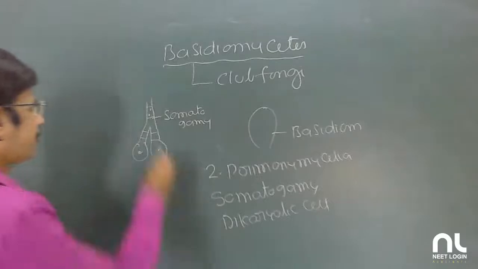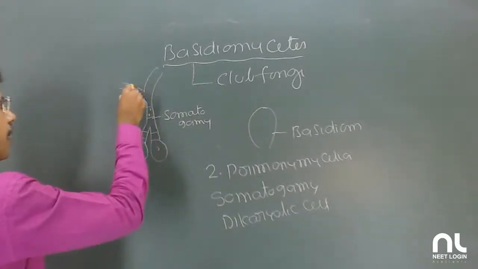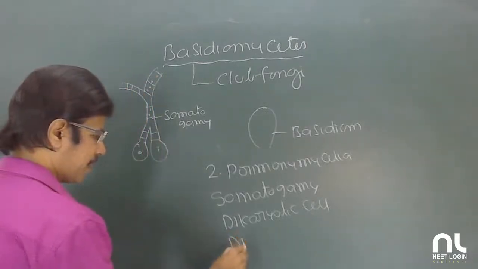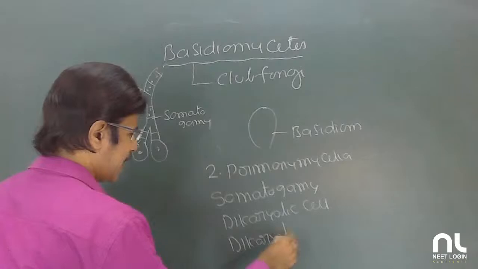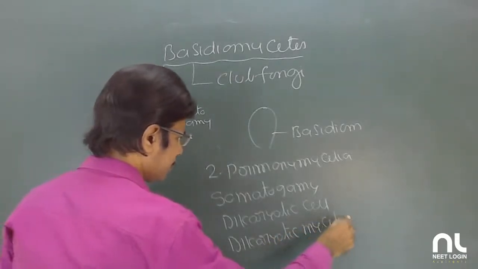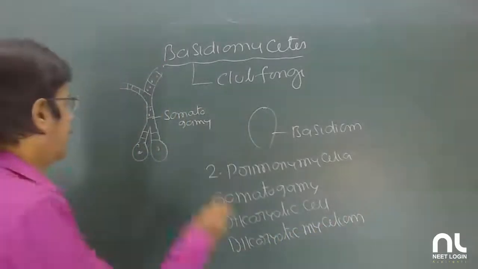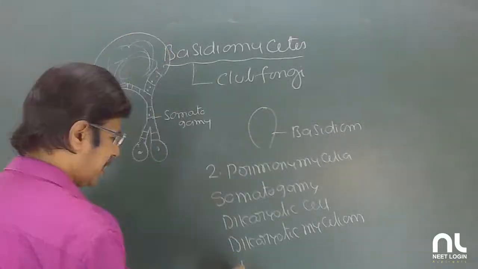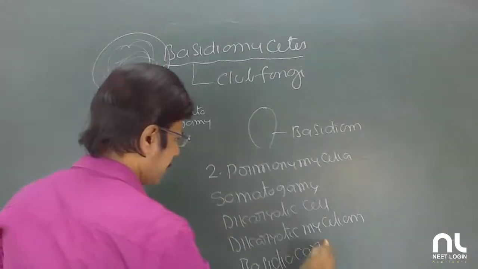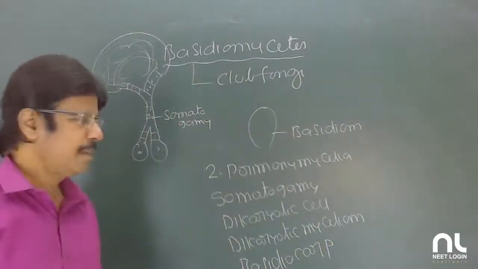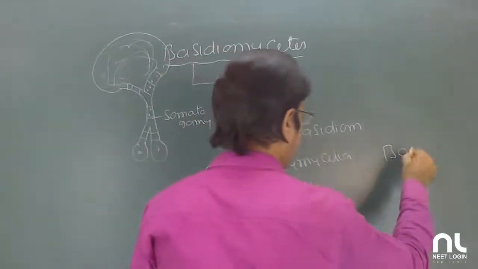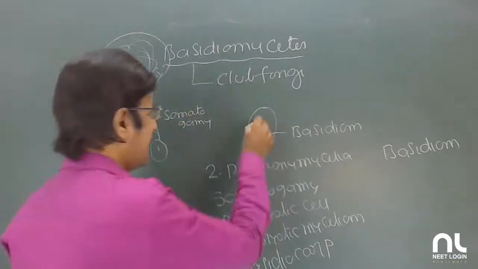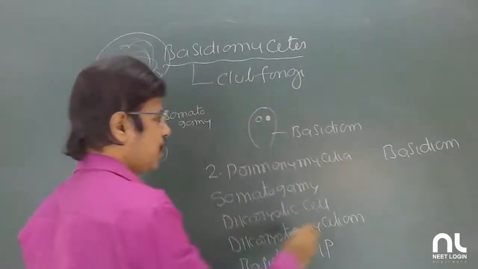Dikaryotic cell. It develops into which mycelium? Dikaryotic mycelium. It develops into a fruiting body. What do you call it? Basidiocarp. In basidiocarp, what is formed? Basidium. In basidium, the two nuclei fuse.